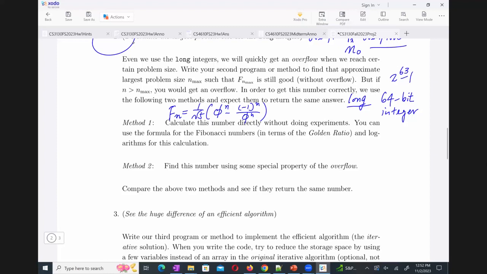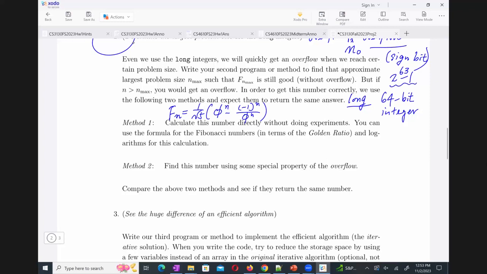Why not 64th, but 63rd? Remember, the sign bit, the first bit, cannot be used to represent the number. Here, I didn't say unsigned. If you consider unsigned, then you can use all 64 bits for numbers. Here, there is a sign bit that cannot be used. So we skip the sign bit.